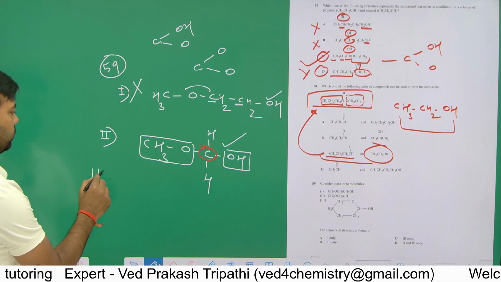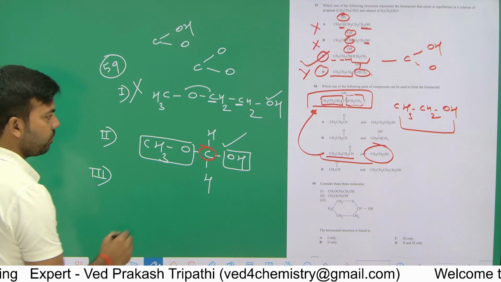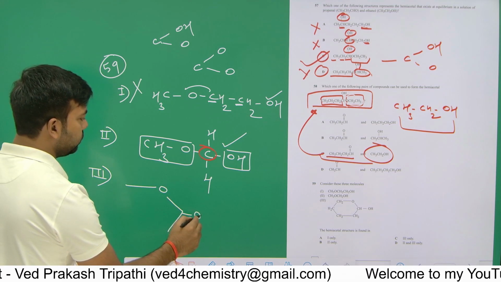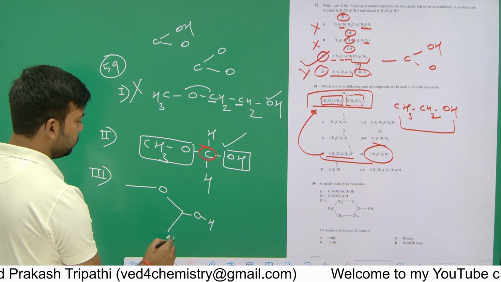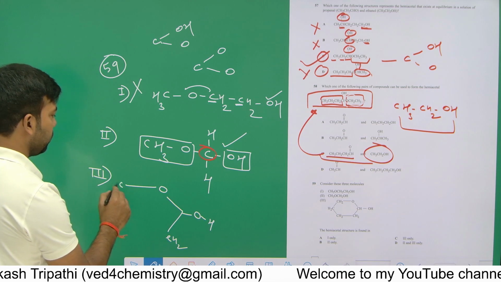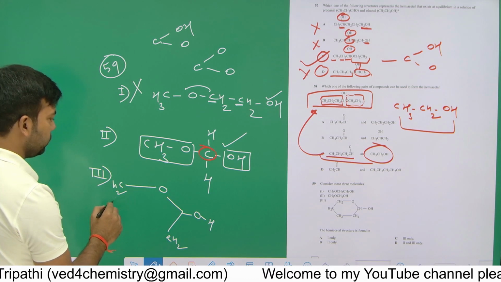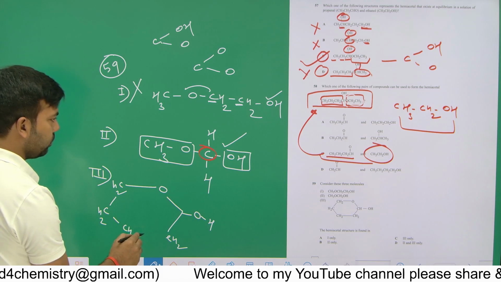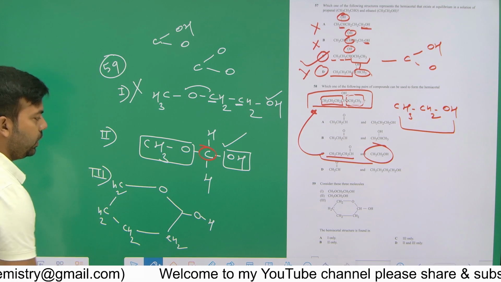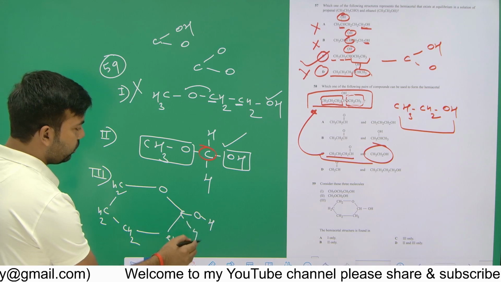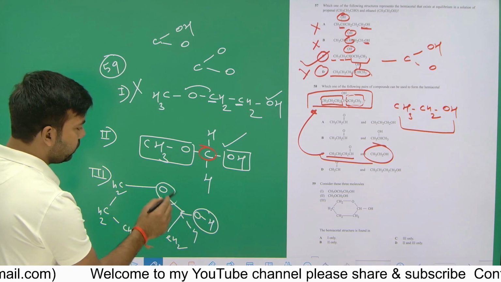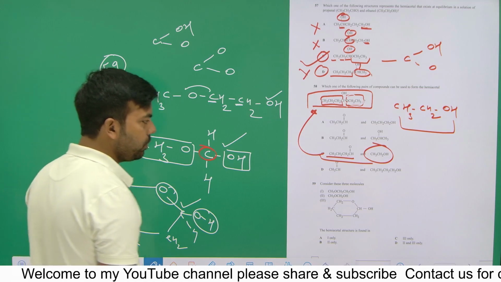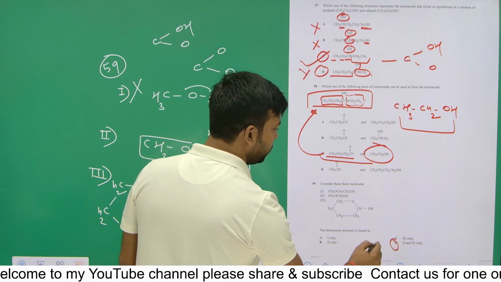And the third one, here you can see this carbon has 2-oxygen connectivity and any one is OH. So this is a hemiacetal. So second and third, so D is the right choice.